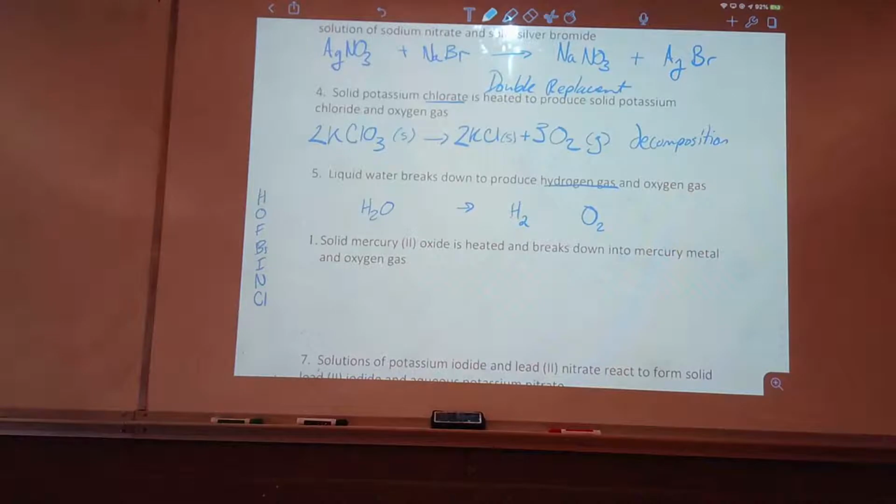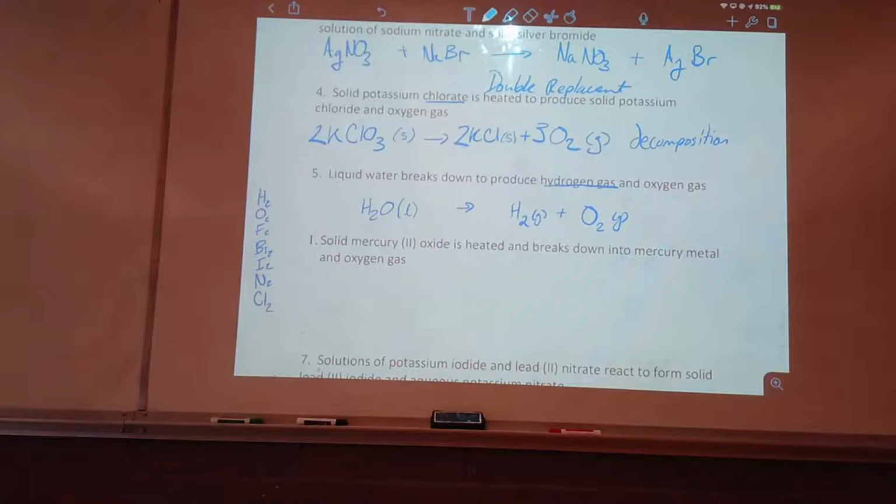All of these elements are always represented by a pair. Yeah, we got a liquid, we got a gas. Is it balanced?